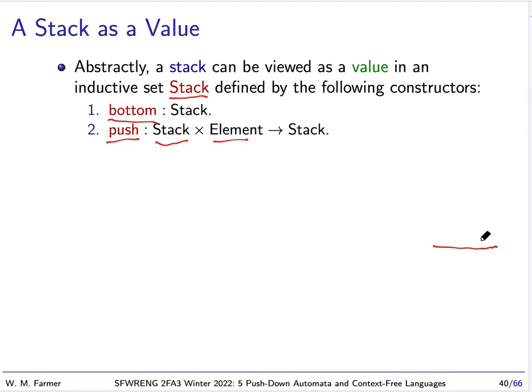And then using push, we create new stacks that will look like this. Basically we have a stack of elements. Elements can be pretty much anything, and each stack is going to be a finite sequence of elements. These finite sequences are constructed using the bottom and push constructors.